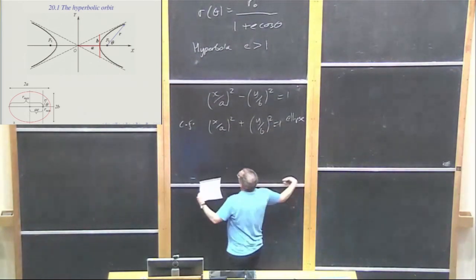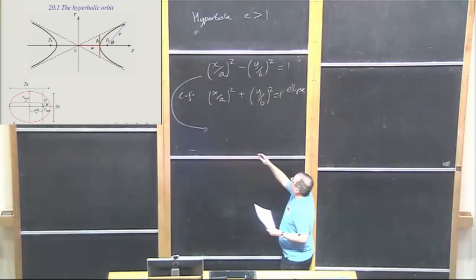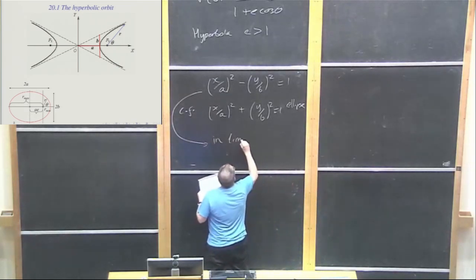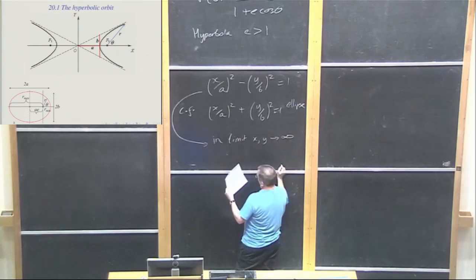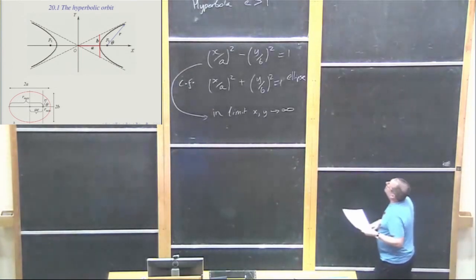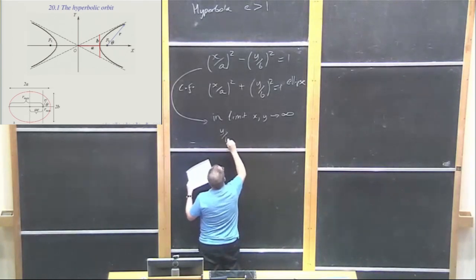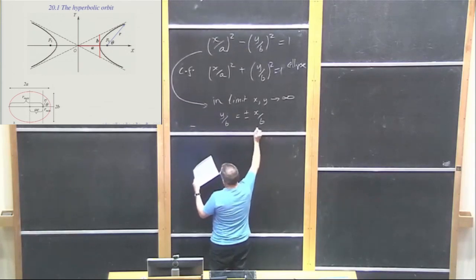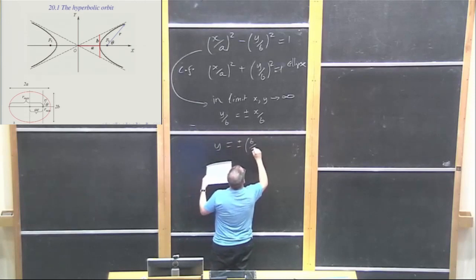And just to justify that this makes some sense, it's interesting to consider this in the limit that x and y are very large. Then what happens? Well, the right-hand side becomes negligible, and you get y over b is equal to plus or minus x over a, or y equals plus or minus b over a x.